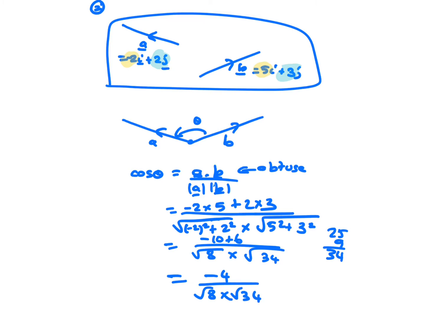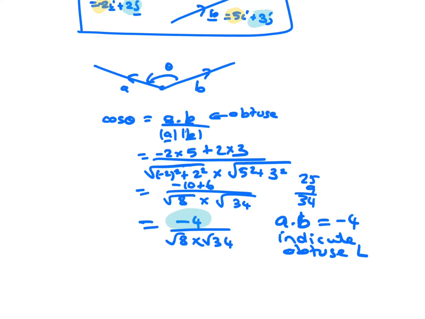Do you notice that this here is negative? The dot product on top is minus 4. That indicates that it would be an obtuse angle. If you just put the minus 4 in and keep it there, it'll find the obtuse angle straight away, because cos is negative in that second quadrant.